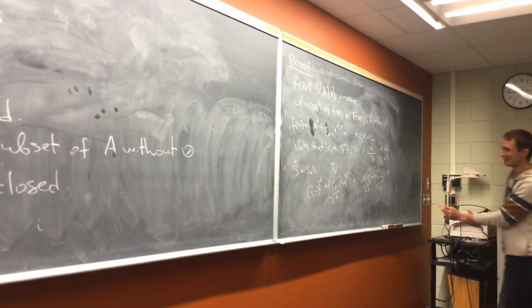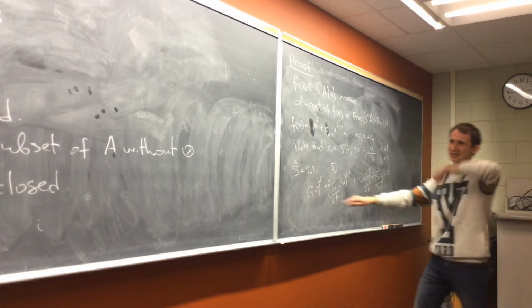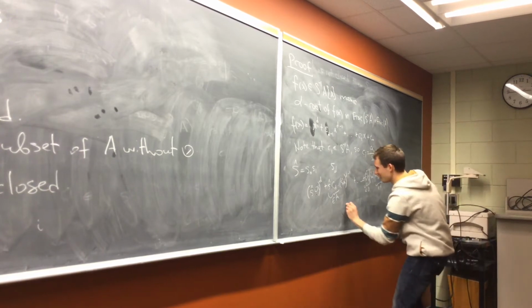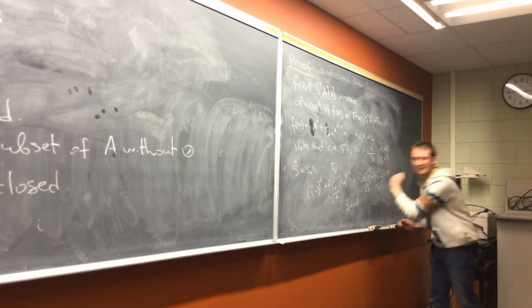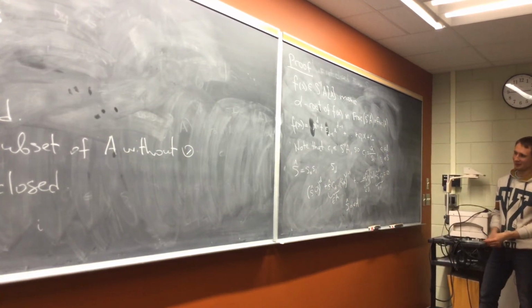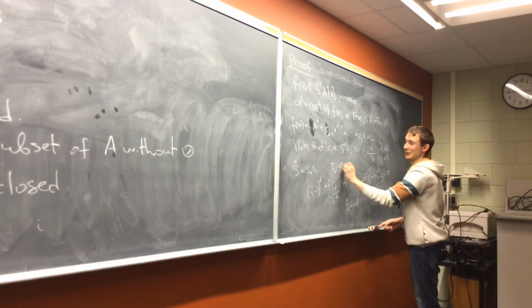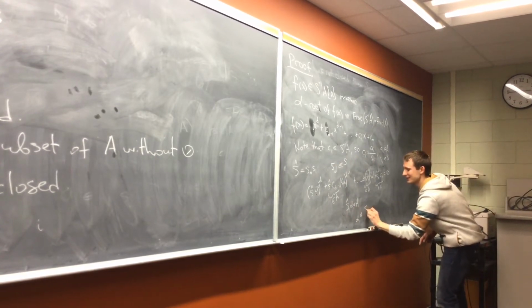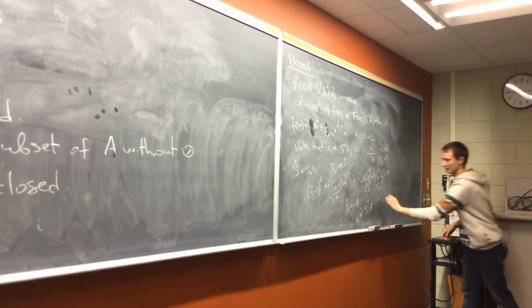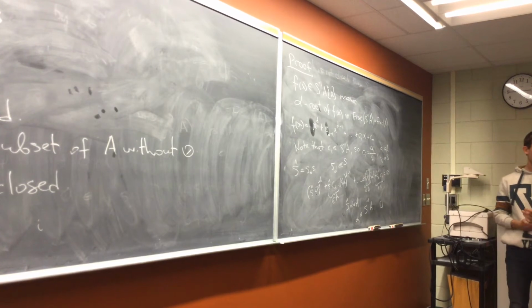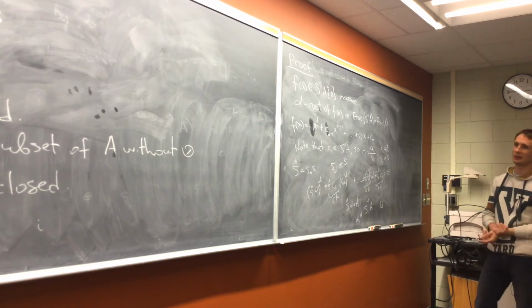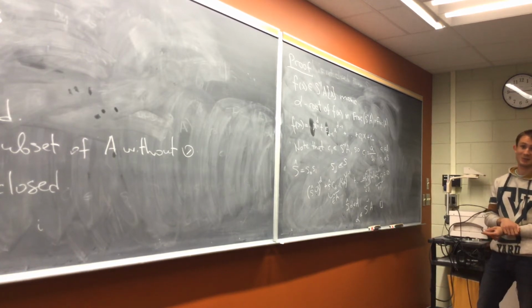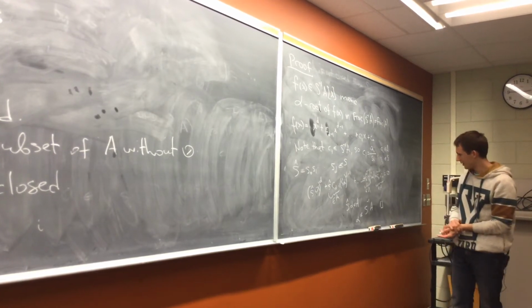Because A is integrally closed, we know that S hat alpha must be an element of A. But then, because S hat was in S, alpha is in S inverse A. This completes the proof. So again, if our ring A is integrally closed, then spec A is a normal scheme. That's very nice to know.